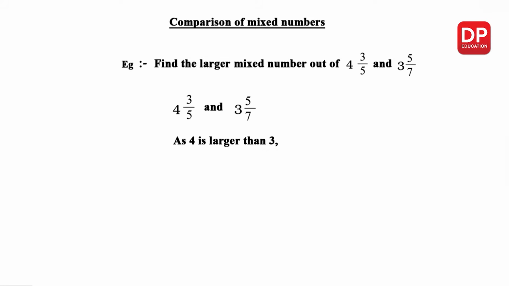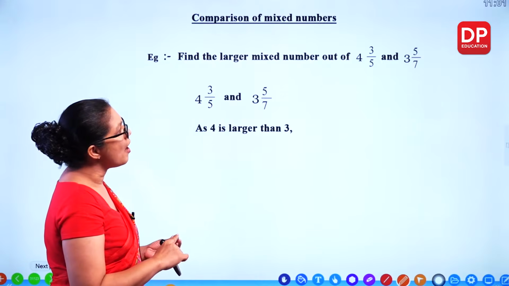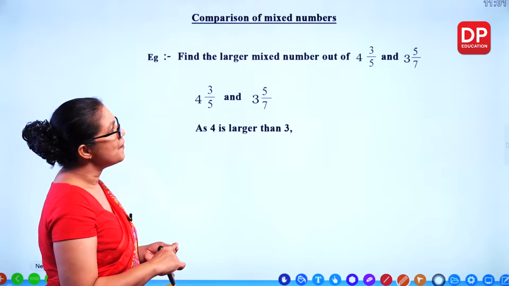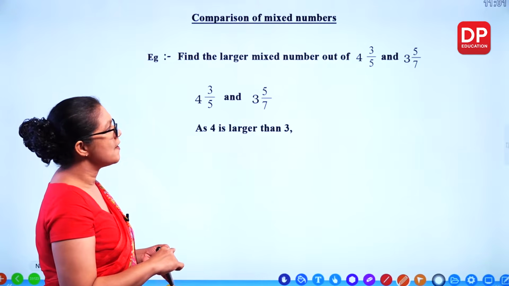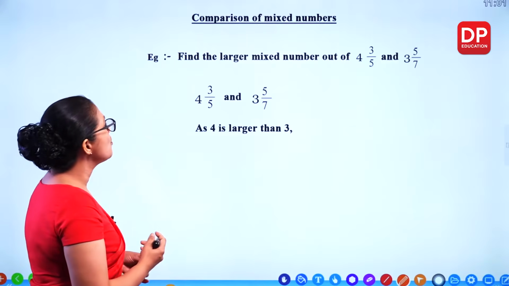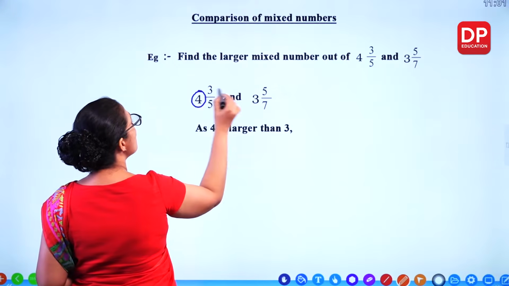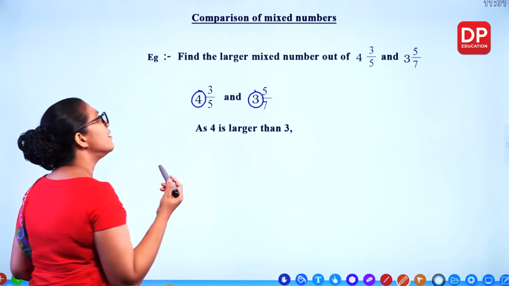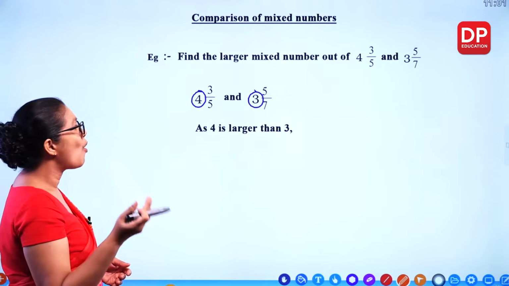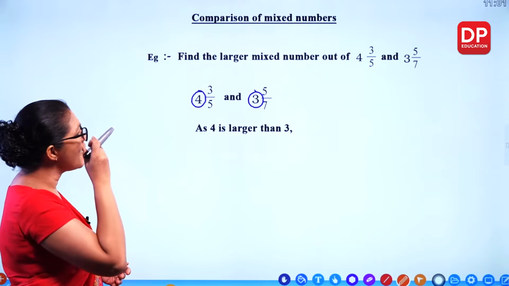Now how can we compare mixed numbers? So in this question you are asked to compare 4 3/5 and 3 5/7. How do we do that? Look at the whole number, the whole part. This is 4, this is 3. So which one is bigger? 4 or 3? 4 is larger than 3.